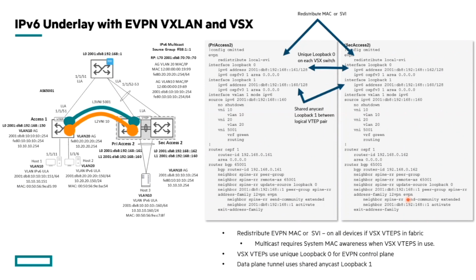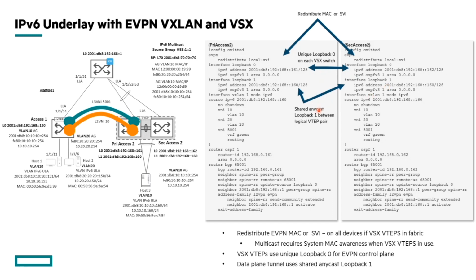I've got a unique loopback here, which you'd expect for the control plane, and then I've got an anycast or shared loopback for the data plane, because we need to show that everything's coming from one VTEP.